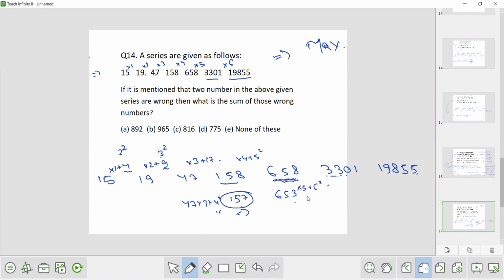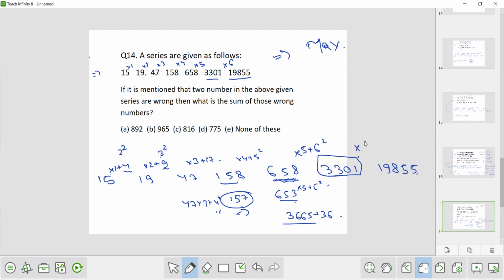Now 653 into 5 is how much? We never multiply any number by 5, just multiply it by 10. So it will be 6530, and just divide it by 2. So it will become 3265 plus 6 square, that is 36. So it will come out to be 3301. Yes. Now this is 653 into 5 plus 6 square is equal to 3301.